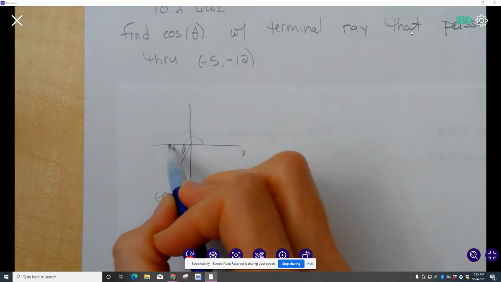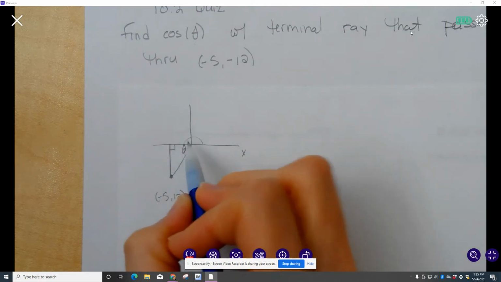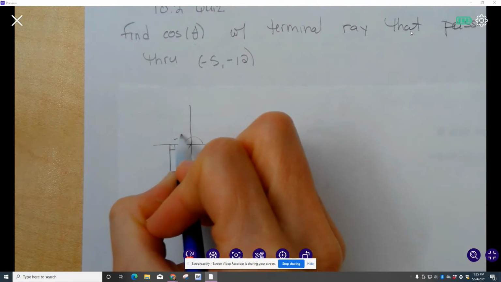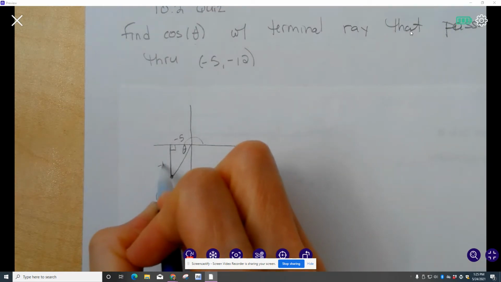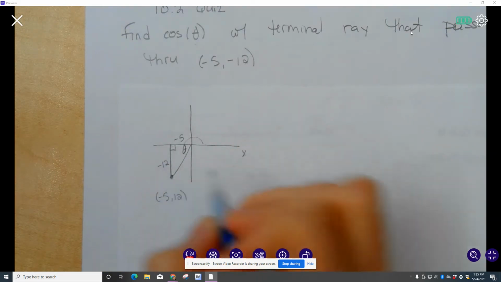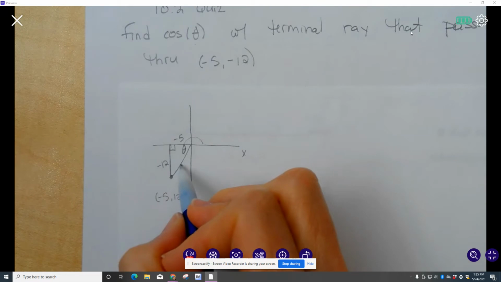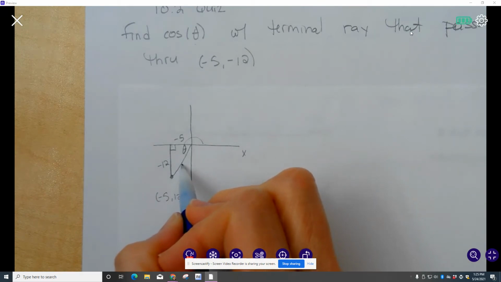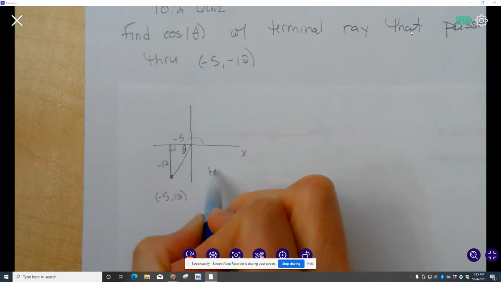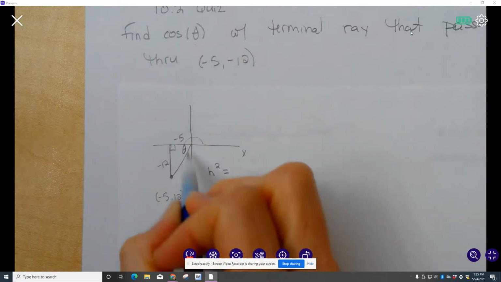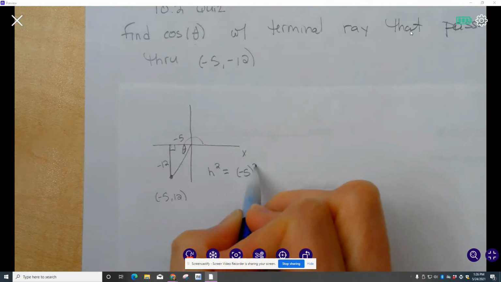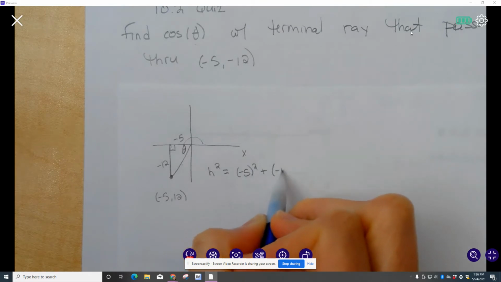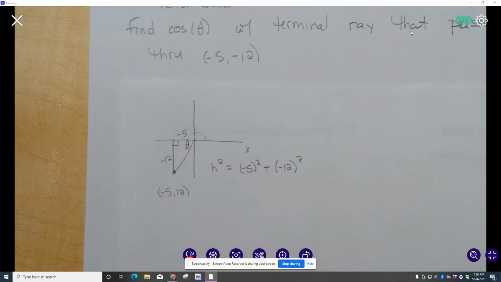Now, if you think about the sides of this triangle, I'm going to write this side as -5, but really you can think the side of that triangle is 5, and this side of the triangle has length 12. If I want to find the hypotenuse, I can use Pythagorean: hypotenuse squared equals the legs squared added together.